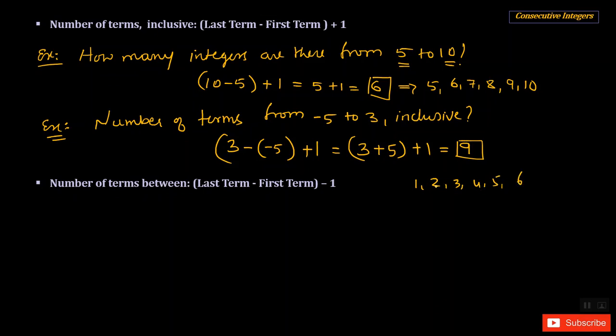If I'm asking how many terms are there between 1 and 6, then I'll be excluding the first term and the last term. That is the meaning of finding the number of terms between in the given range, right? So the formula is: instead of adding 1, we just need to subtract 1 from whatever result we are getting. All right, so let's take an example here.